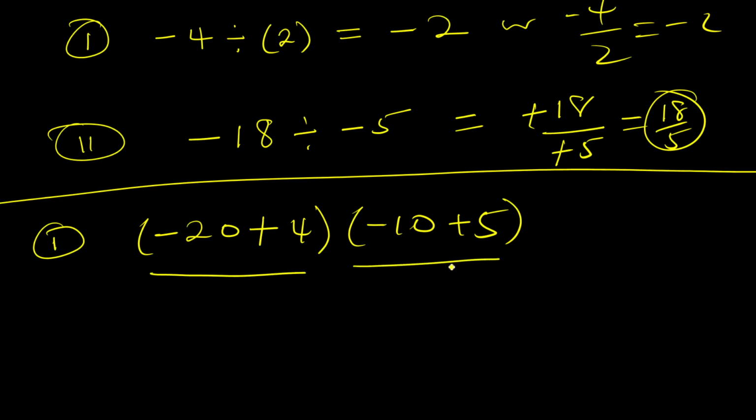What do we think the answer will be? Let's look at the first bracket. Minus 20 plus 4 gives us minus 16. So minus 16 times, minus 10 plus 5 is minus 5. Minus minus will be plus, therefore our answer will be 80.